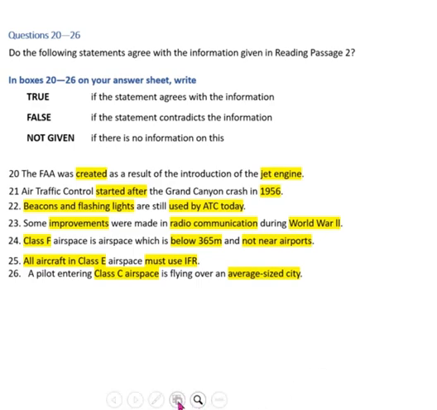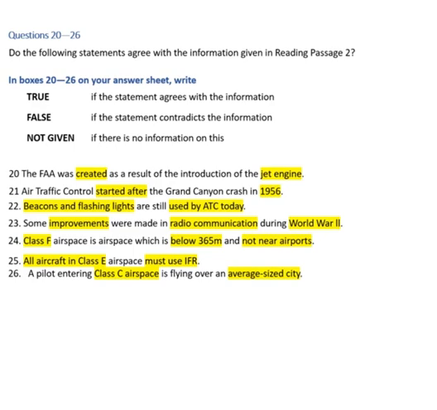Those keywords will guide our way to the right parts of the passage that contain the information on the statement we are looking for. So, for us to find the right part of the text, we make use of keywords. Let's take number 20 for instance.